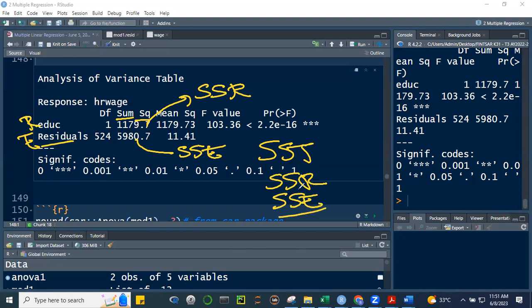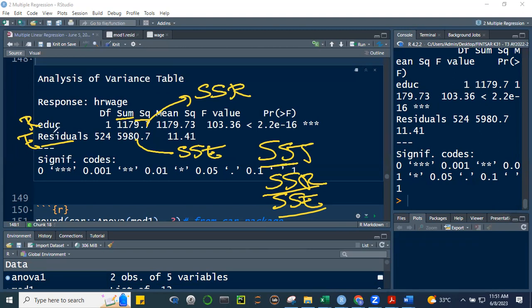I'm confident that this was discussed to you before, but maybe not in the context of R, or maybe just in Excel. So here we're diving deeper, because we want to understand where this comes from and how it is computed. This class is the sum of the squares, the SS.